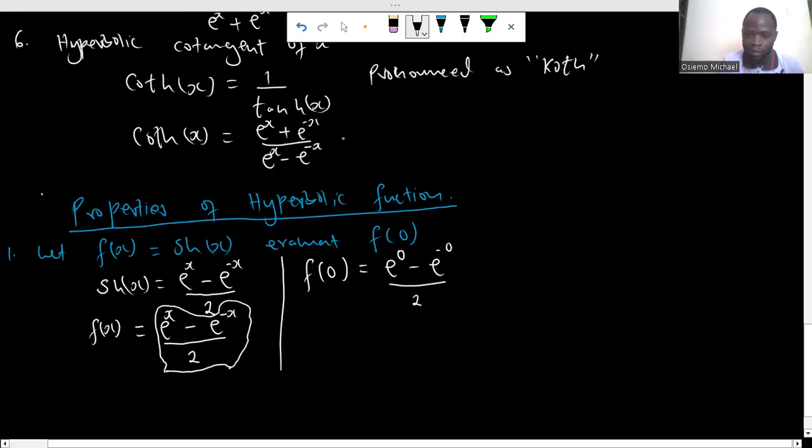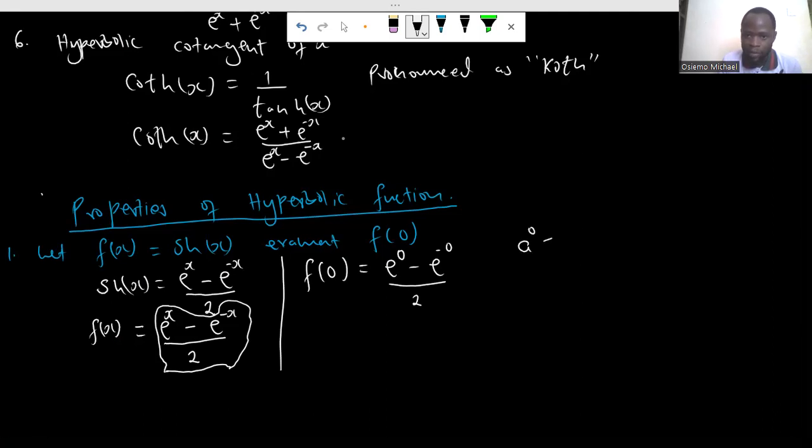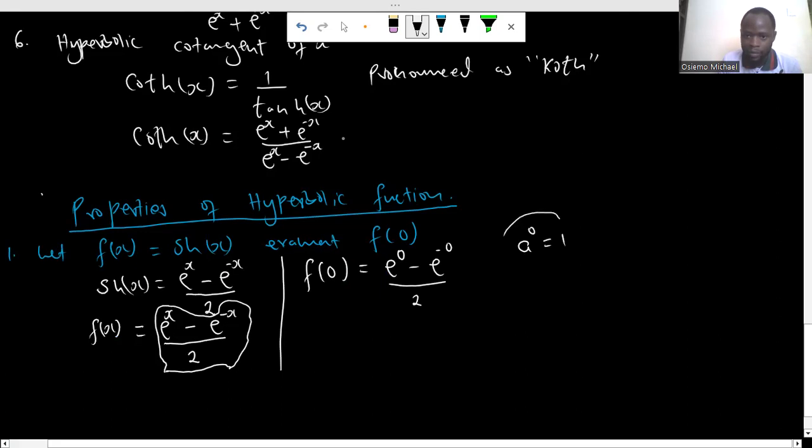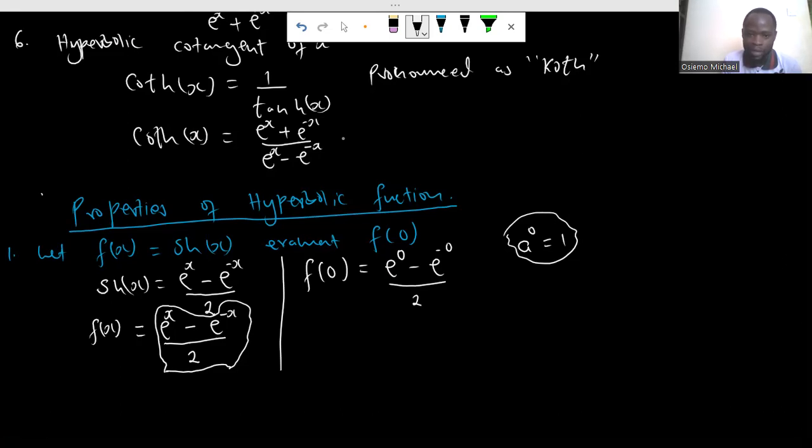So you need to remember from indices that any number raised to power 0 is equal to 1. So that implies that exponential raised to power 0 is also equal to 1. And exponential raised to power negative 0 is also equal to 1, because negative 0 simply means negative 1 times 0, and that will become 1.